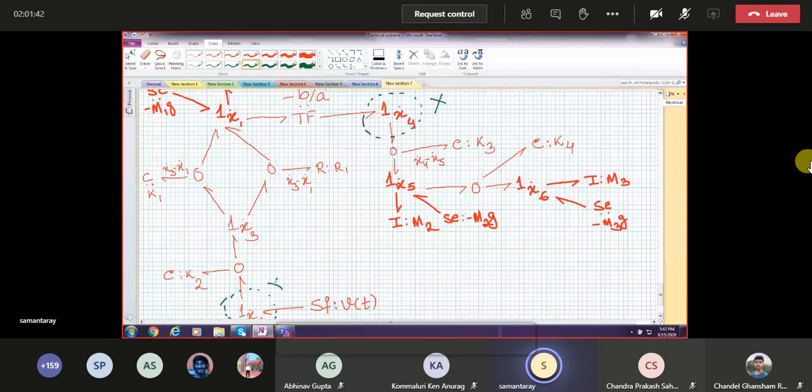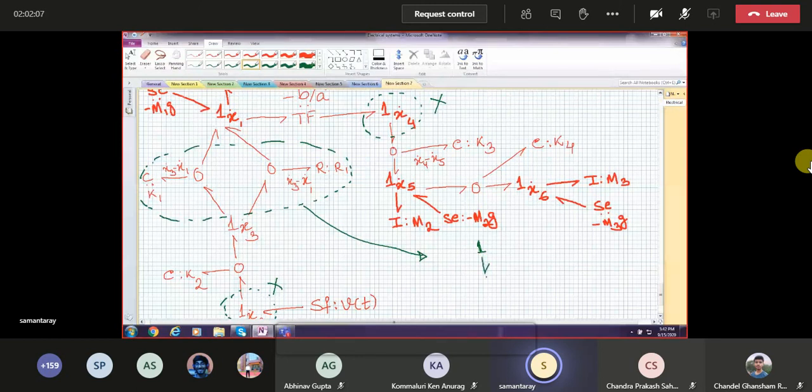Now this structure, what is this equivalent to? We know this is equivalent to a 1 junction, with a zero, and we have taken upward direction.